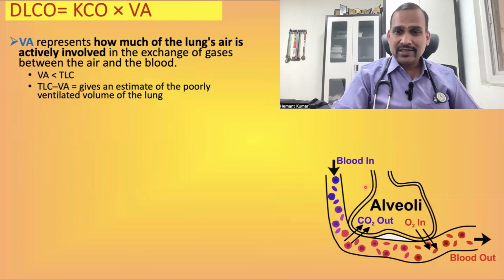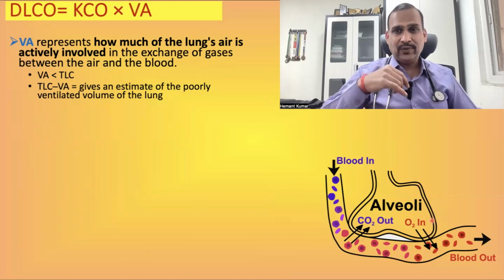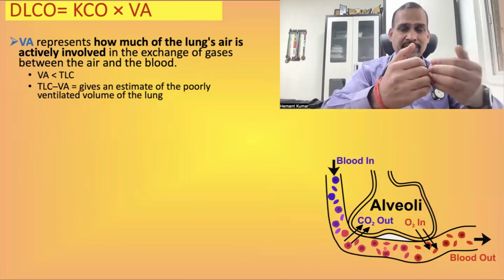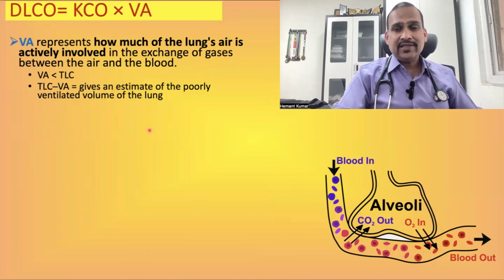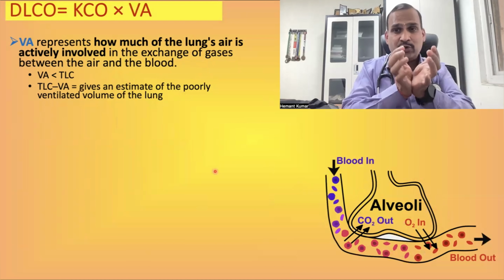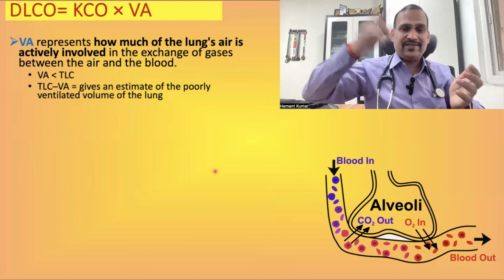So how much surface area is available for diffusion? Say for example, if alveolar volume is 4 liters, 4 liters of air is there, then diffusion will be for 4 liters. So VA is how much alveolar volume is there for gas exchange.